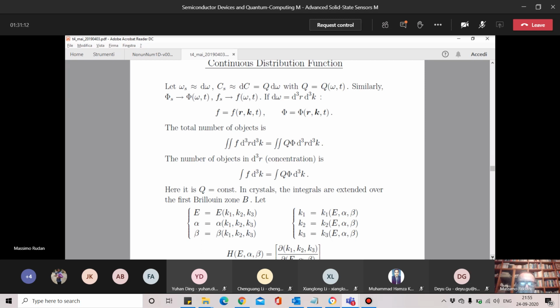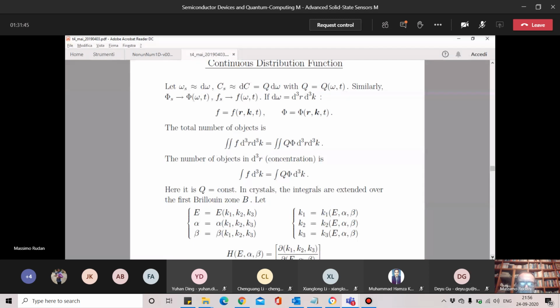If you take the distribution function f and multiply it by the differential of R and K, you can see it written on top, d3R times d3K, okay? d3R times d3K is an elementary volume of the combined space made of the R and K coordinates.